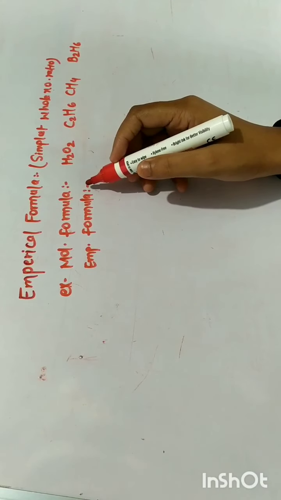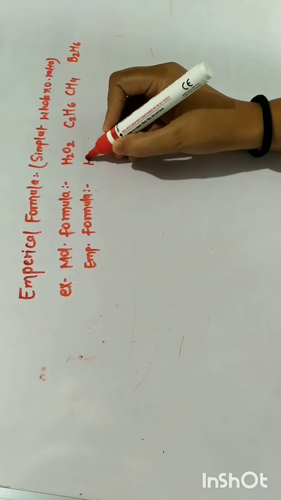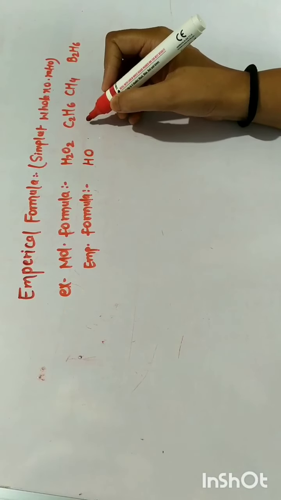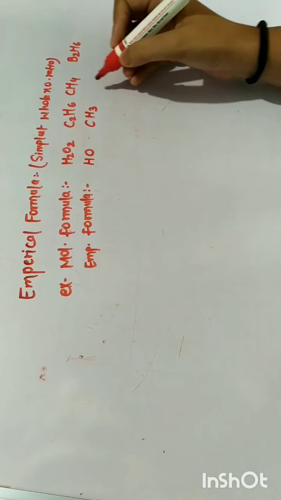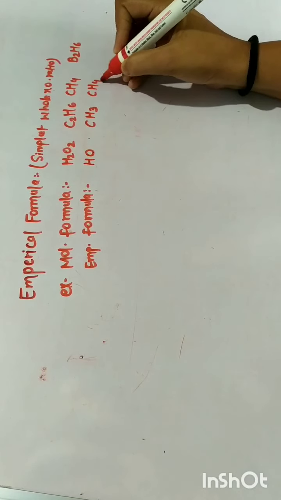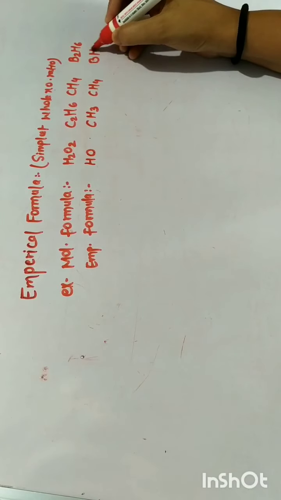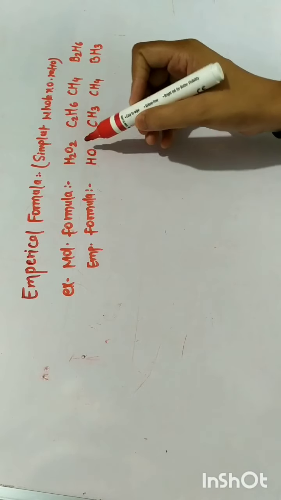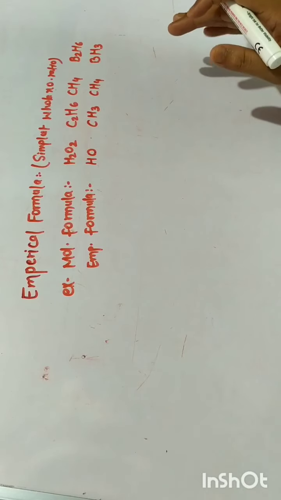So if the molecular formula is H2O2, its empirical formula will be HO. For C2H6, it will be CH3. For CH4, it will be CH4, and for B2H6, it will be BH3.